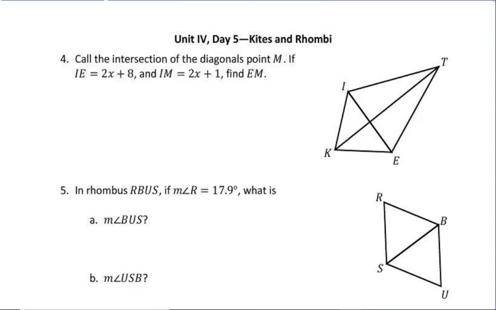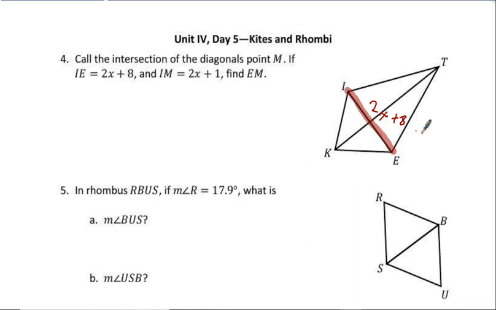So now let's take a look at segment IE again, at that kind of question, but here we're given some different information. So IE I will highlight in maroon and say that that whole segment, that whole diagonal, is equal to 2x plus 8.